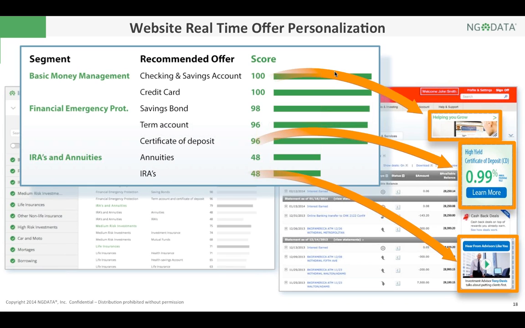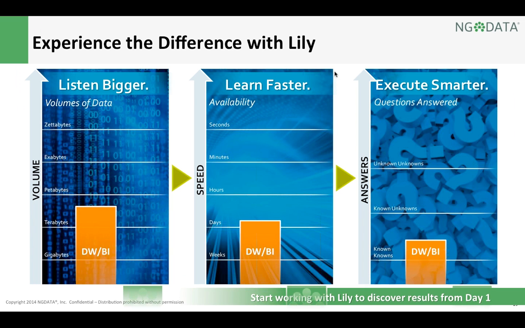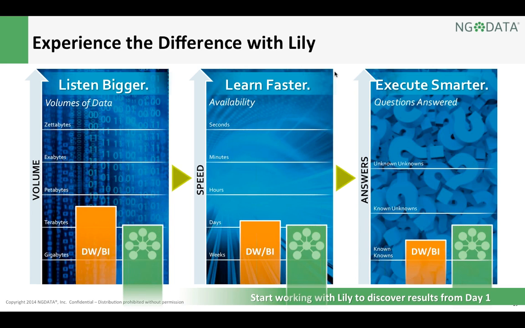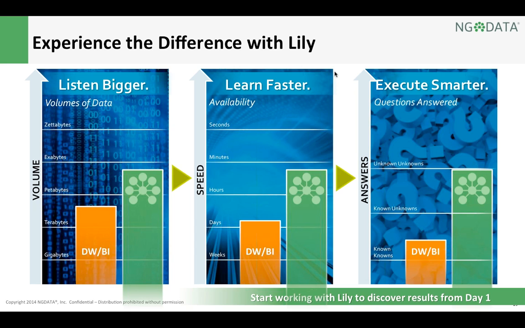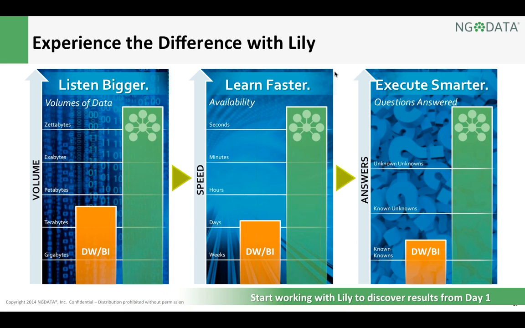So concluding there, I think Lilly, obviously being based on big data technology, has a few tricks up its sleeve which might be really interesting if you compare it with existing data warehouse or business intelligence systems. First of all, we are able to tap into more data sources, not just the internal data but also online data, allowing you to really process hundreds of terabytes up to petabytes of data and build meaningful, actionable profiles out of that.